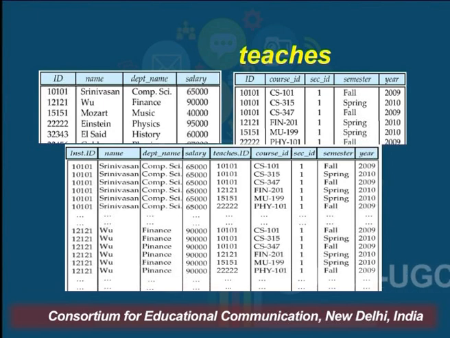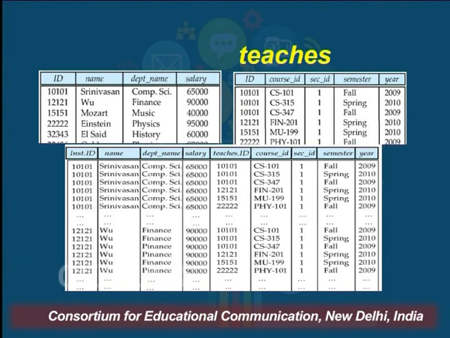If we see the schema here, we have ID, name, department name and salary in our instructor relation, and as far as teaches is concerned, it has ID, course ID, section ID, semester and year. So we can observe that the common attribute here is the ID.